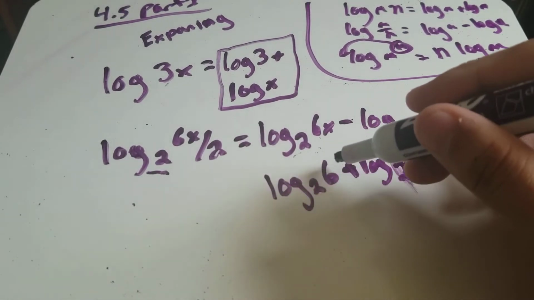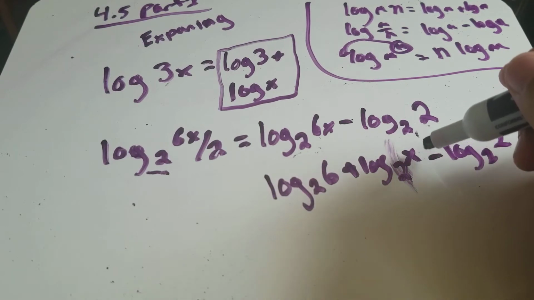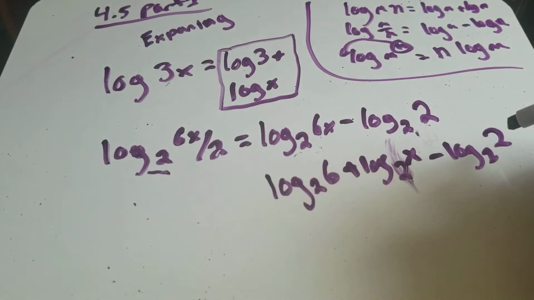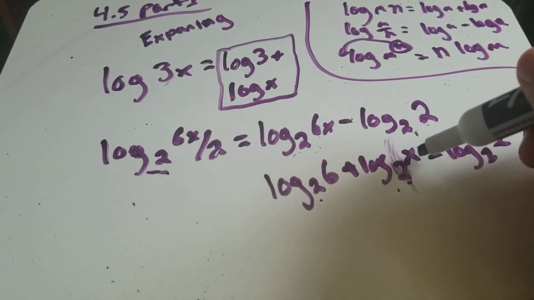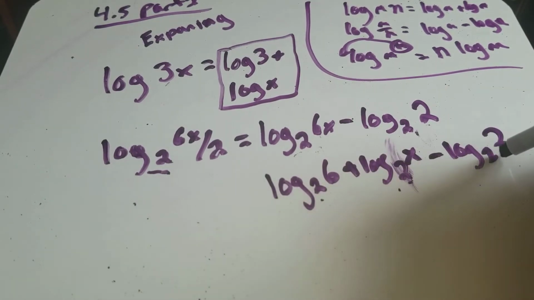6 is by itself in the log, that is good. x is by itself in the log, that is good. Log base 2 of 2, it's by itself, that is good. There's just one little extra thing. Log base 2 of 6, well, that's not clean. Log base 2 of x, that's not clean. But log base 2 of 2, wait a second, if you remember from our last section, these are matching.